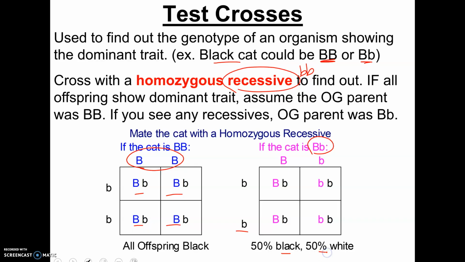It would be a 50-50 chance. And so in this case, if any kittens came out white, you would know the original cat was big B, little b. So that's called a test cross. It's a way of crossing with a recessive to try to determine if your original organism was homozygous or heterozygous.